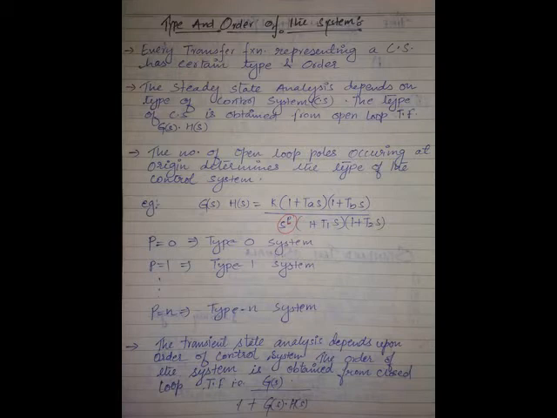The order of the system is obtained from the closed loop transfer function G of s by 1 plus G of s H of s.